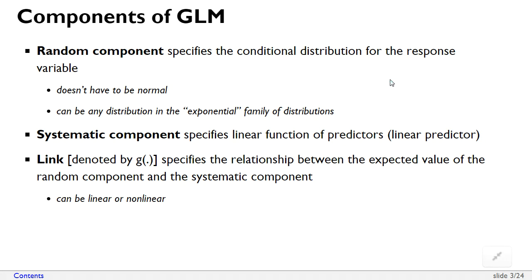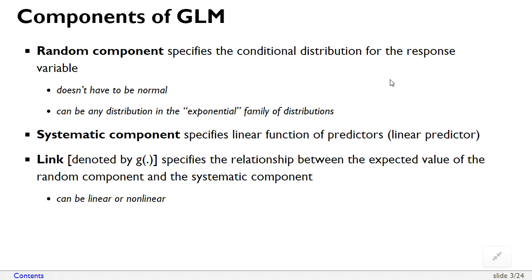It's called the linear predictor. And the final component is this link, which is applied to the expected value, that left-hand side, and we denote it here by the function g. That's your relationship between the expected value of the random component and what is predicted by the systematic component.